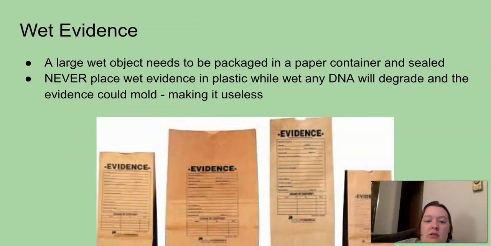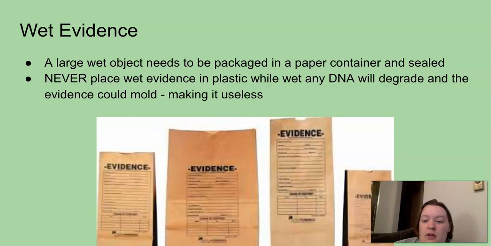Any wet evidence, and this includes things that have blood, even if it's dried blood, or DNA, is always placed in a paper container and sealed. Never, ever is wet evidence placed in plastic. That's going to cause DNA to degrade or mold, making it useless. So anytime wet evidence is found, a bloody t-shirt, anything that contains any type of biological material.